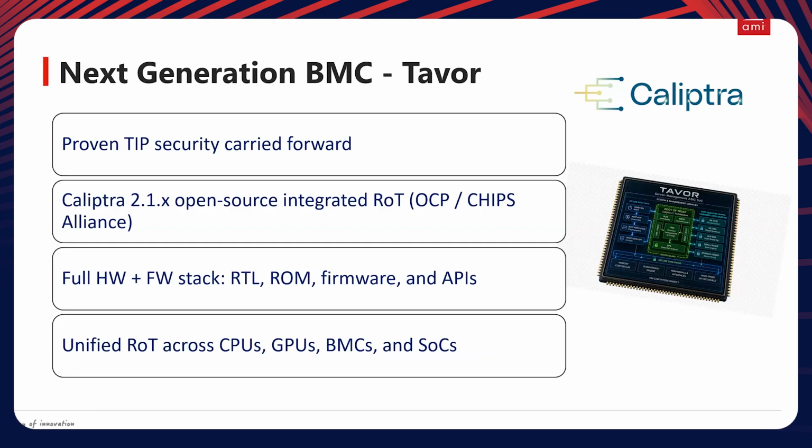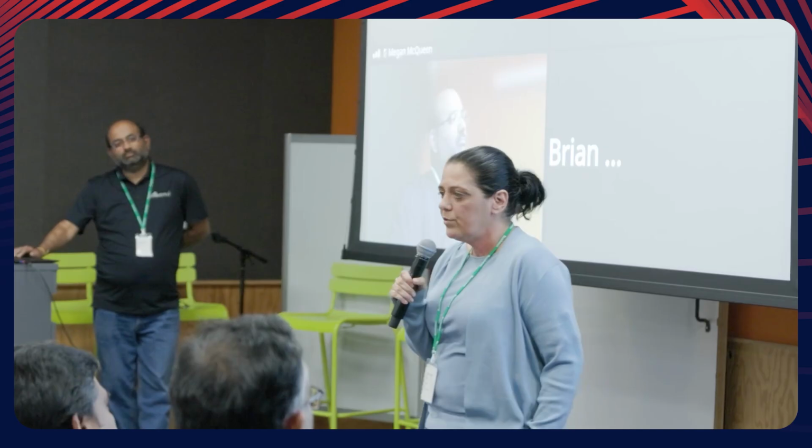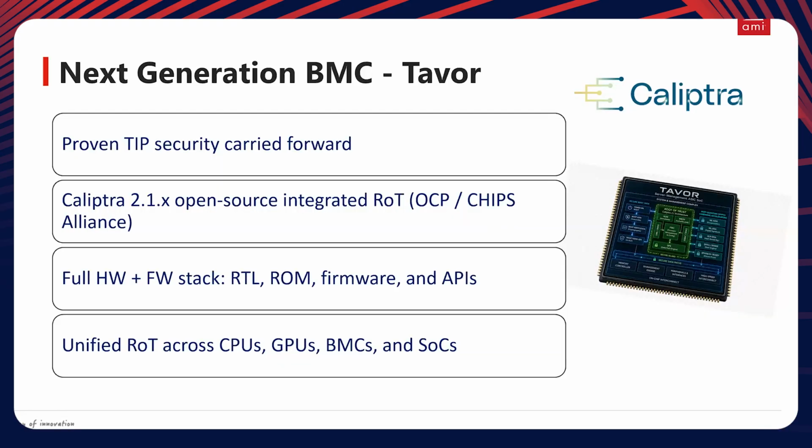Now, Caliptra is completely open source. It has a full hardware and software stack that has to be integrated into your solution, basically ROM, firmware, APIs and a very large firmware stack, which you get as part of the solution. And I would say the most important reason to move to Caliptra is the power of the community. We are all here attending an OpenBMC conference, which means that we believe in the power of the community, especially in the case of security.